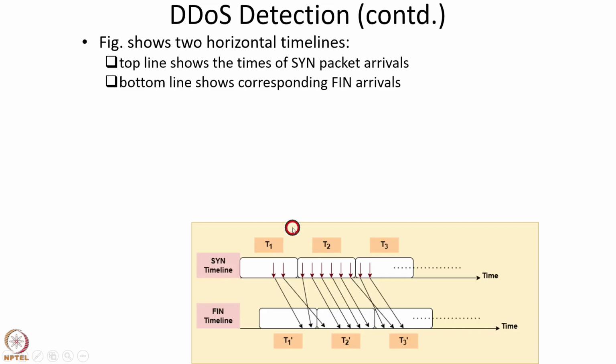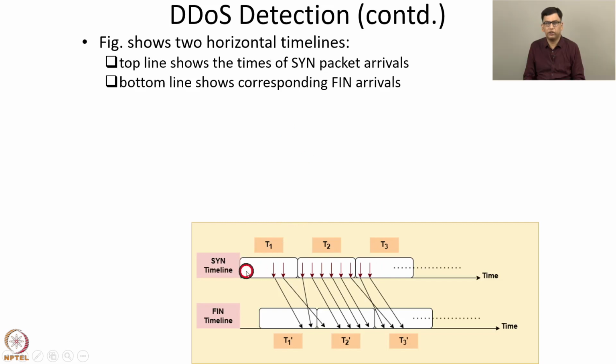This figure shows two horizontal timelines. This is the SYN timeline. It shows the times of SYN packet arrivals. These arrows are instants when SYN packets are received by a particular host. And this bottom line shows the corresponding FIN arrivals.